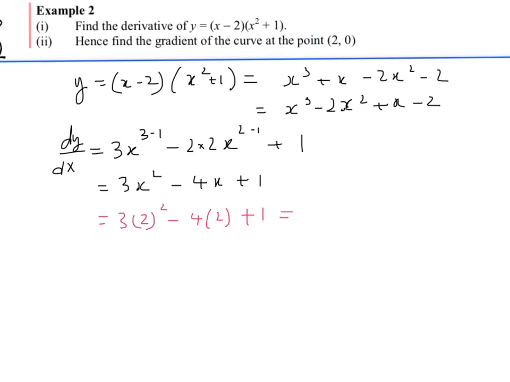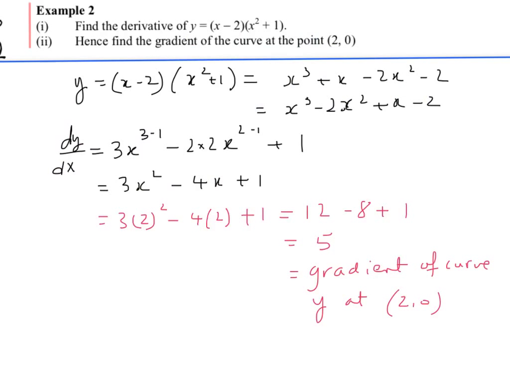So 2 times 2 is 4, 4 times 3 is 12, take away 8 plus 1. 12 take away 8 is 4, add 1, we get a 5. So this is the gradient of the curve y at that particular point, 2, 0. Now, needless to say, if I substitute other values of x in, I'll get a different value of the gradient.